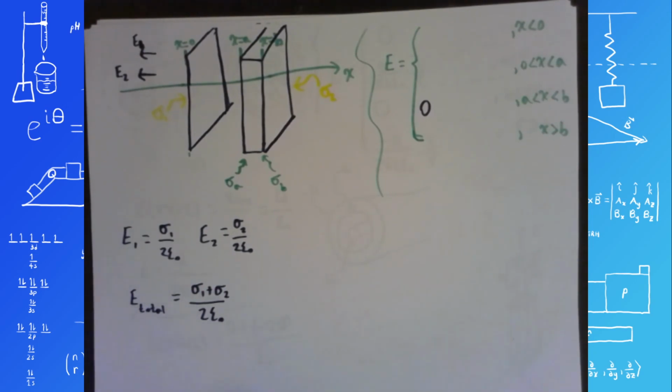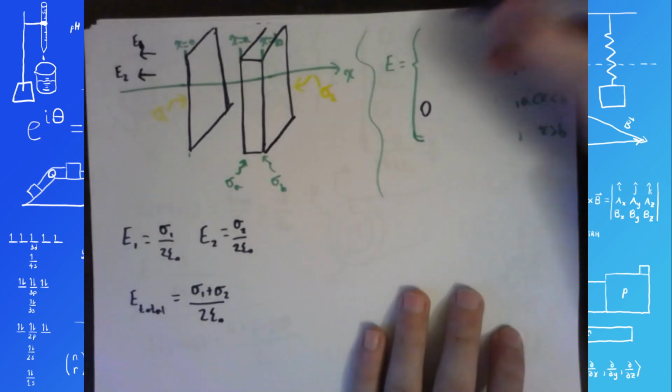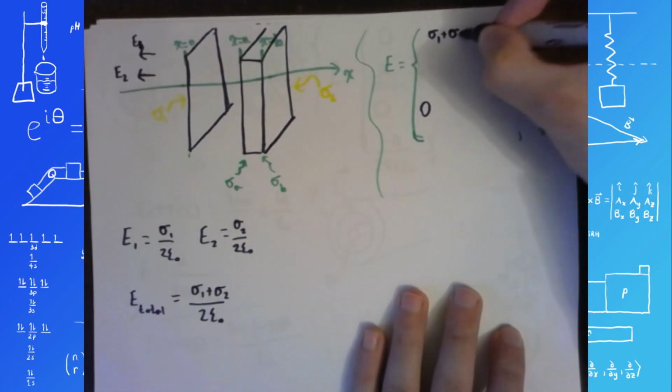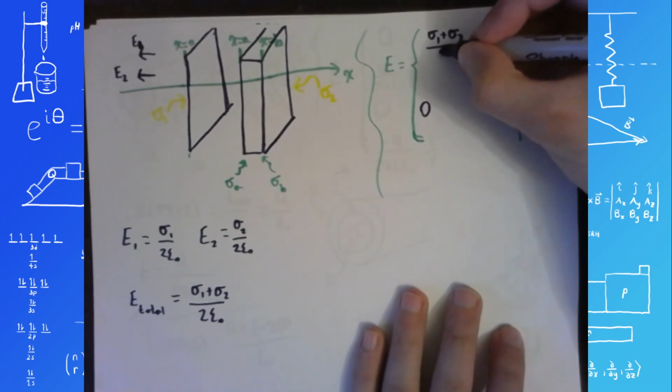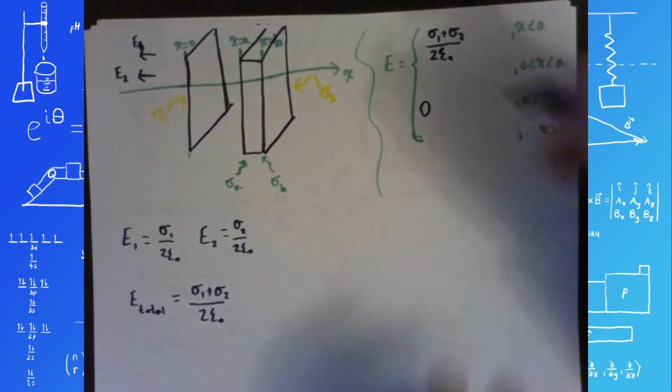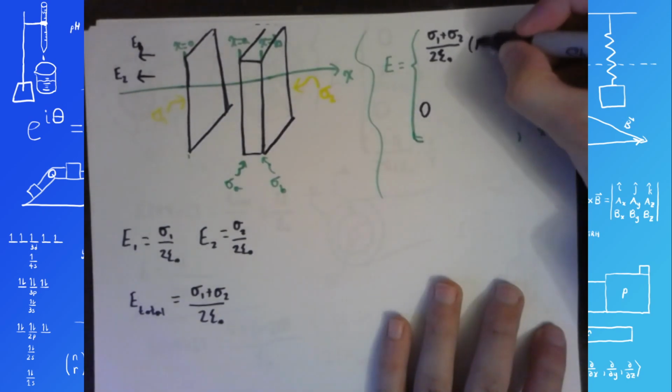Okay, easy enough. So I'll go ahead and copy that over here. Sigma 1 plus sigma 2 over 2 epsilon naught. And I guess since it's to the left, I could tack on a negative sign here, but I'm just going to add the word left for now.